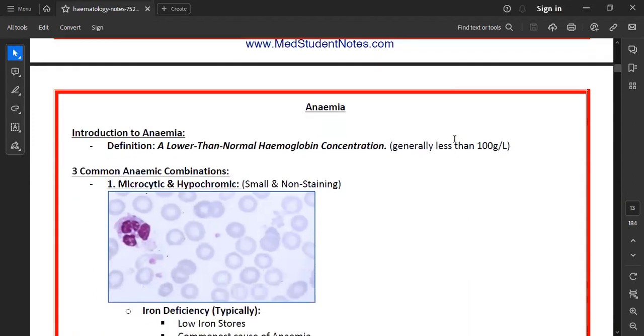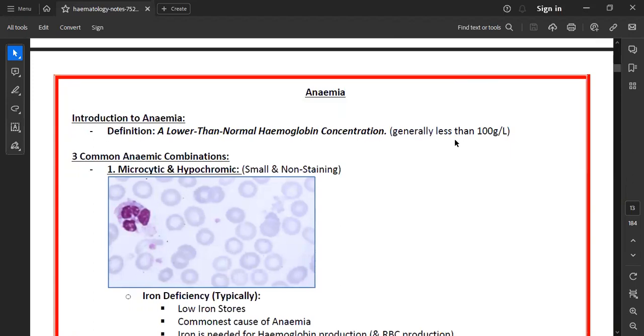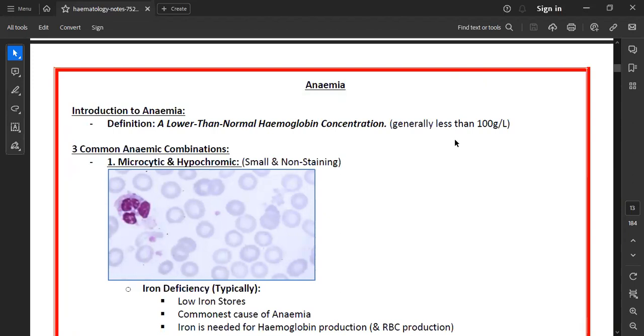There are 3 common types of anemic combinations. We have microcytic. You can describe red blood cells based on these 2 parameters, their size or their pigmentation. So we can have small sized red blood cells, which are the microcytic ones, normal sized are the normocytic, and the large size are the macrocytic.